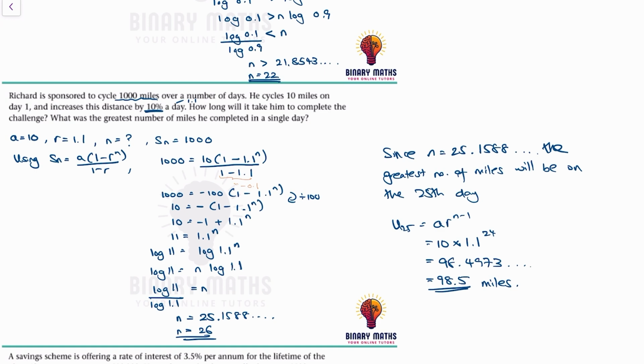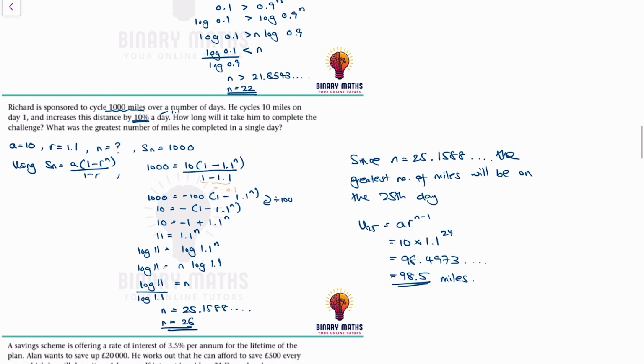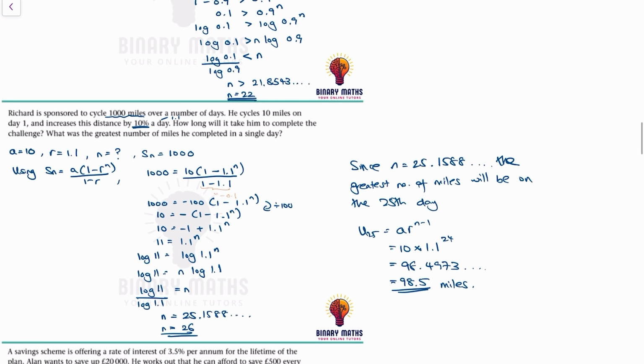If you don't quite believe that it's the 25th day and you think it might possibly be the 26th day, what you can do to work out how much he cycled on the 26th day is work out S25, which will be equal to 10 times 1 minus 1.1 to the power of 25 over 1 minus 1.1, which gives you 983.47.